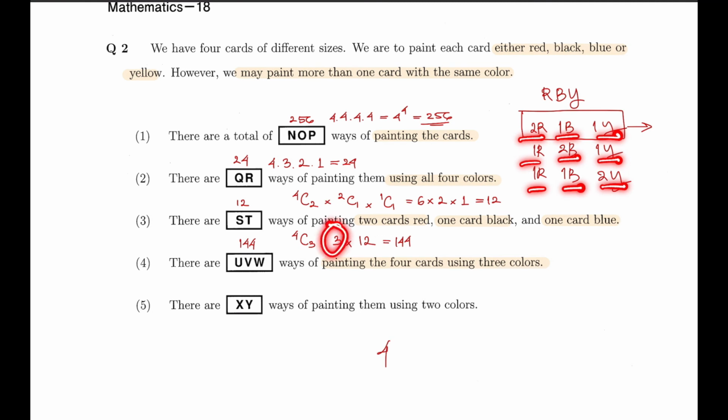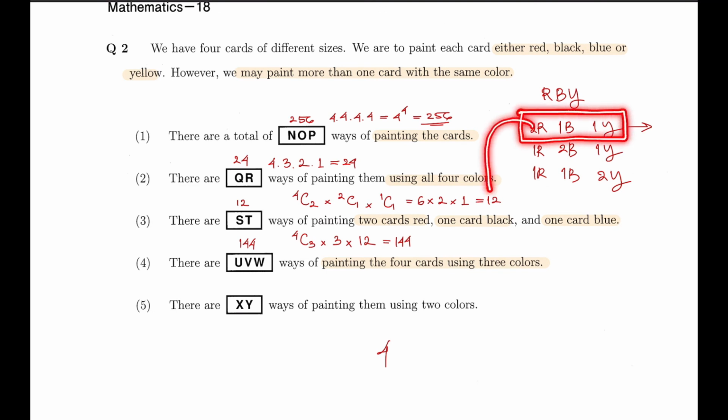That's the 3 here. And for each possibility, we have 12 ways of painting it. So the final answer is 144.